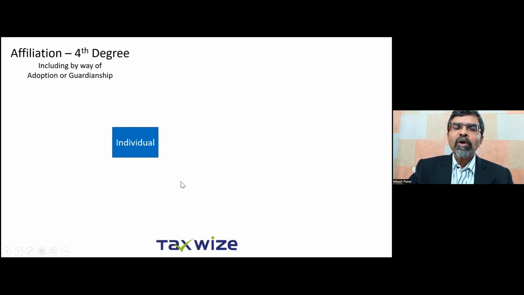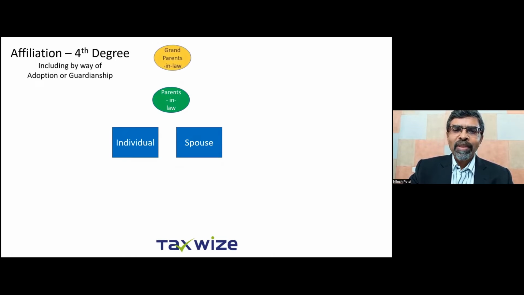Then looking at it from my wife's perspective, me and my parents, who are her parents-in-law, are her first degree of relatives by affiliation. Then come my grandparents, her grandparents-in-law, and my siblings, my brothers and sisters, who are her siblings-in-law.